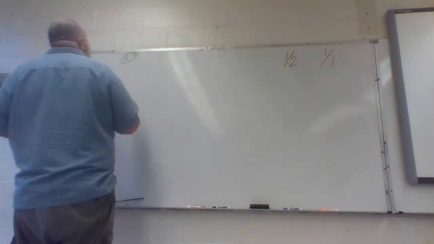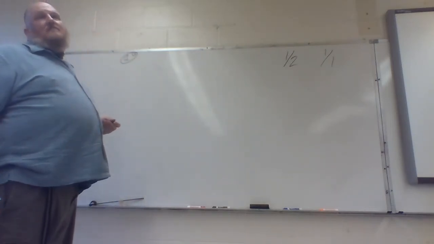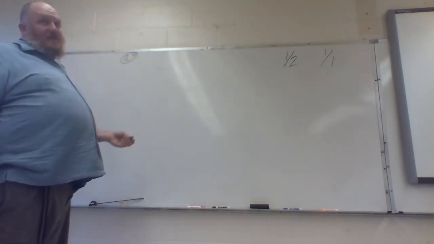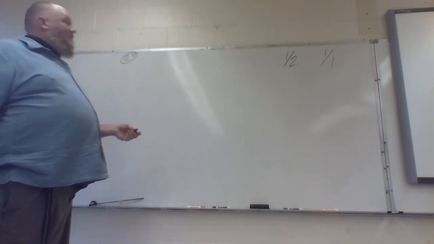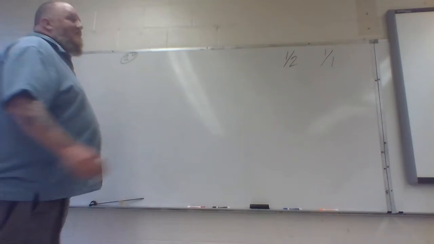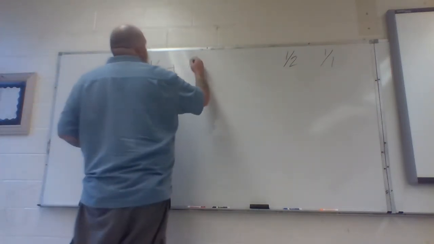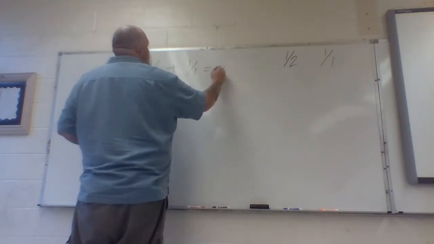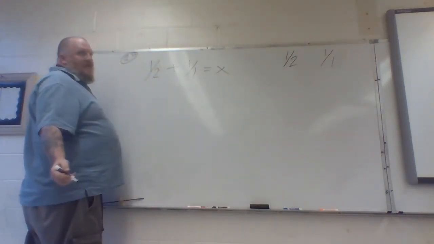First step. Caitlin, what am I doing my first step? First step, therefore, common denominator. I'm gonna add them. So we got 1/2 plus 1 equals x. Well, the common denominator is obviously gonna be 2.